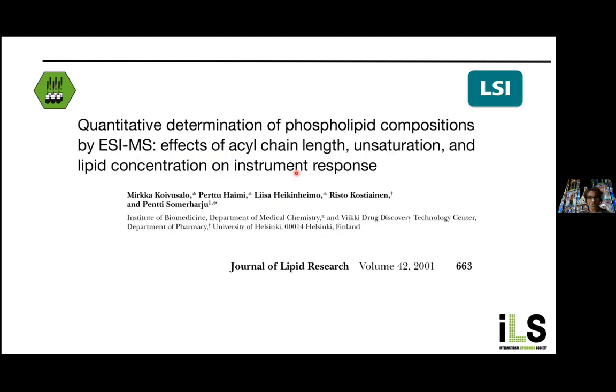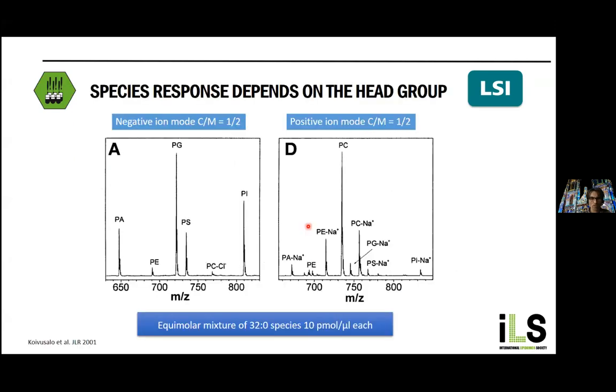So let me show you some slides from this pretty old study from Pentti Somerharju's group, and they investigated in quite a simple way different phospholipid classes and the effects of solvent composition and also the different types of lipid classes. And you can easily see that different lipid classes show different response in negative ion mode and positive ion mode.